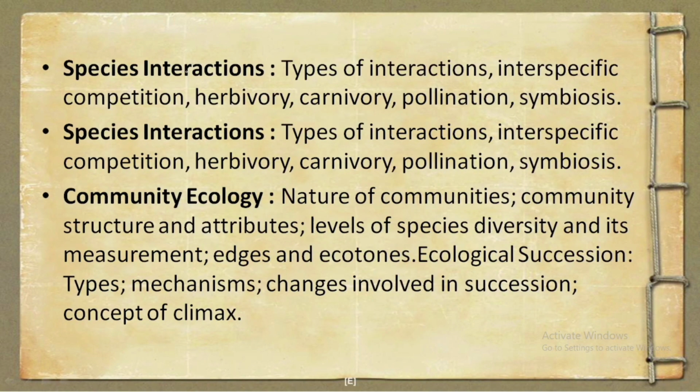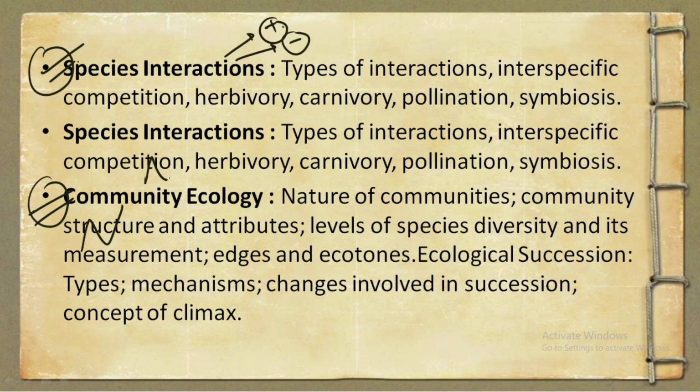Then the topic of species interaction, again very important. In this both the positive and the negative interactions are included. Then community ecology also, again very important. In this particular unit I don't think there is any specific topic that you could leave out as not being important.